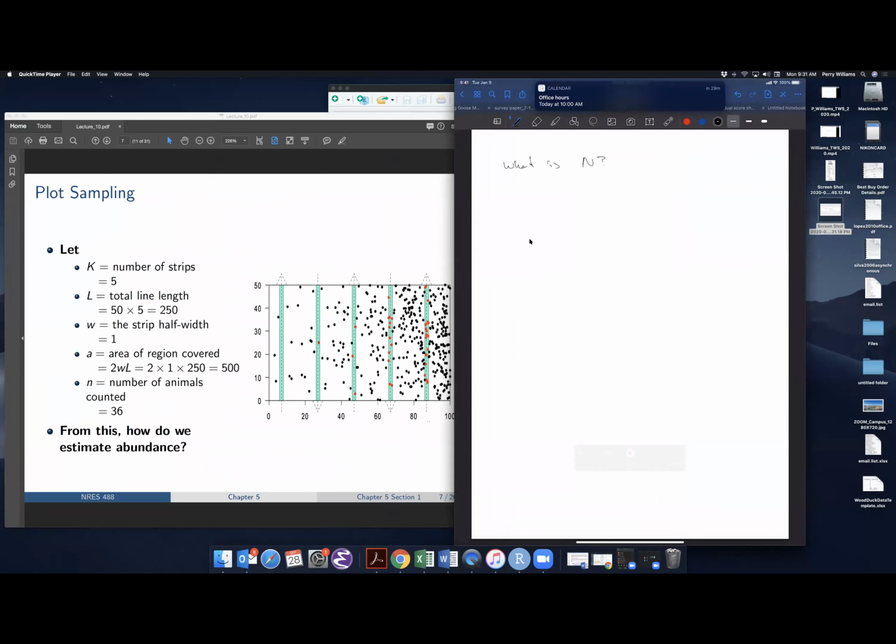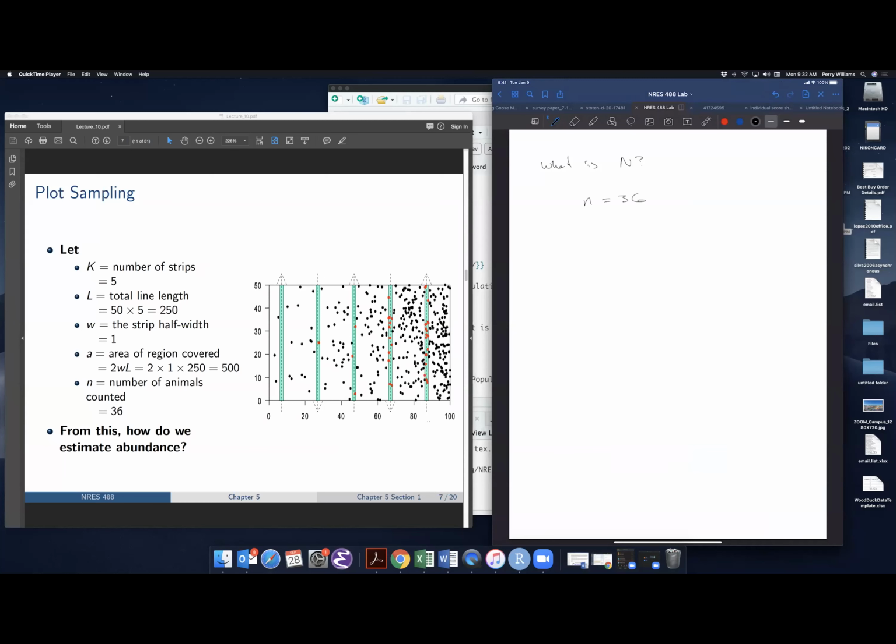Red dots, we'll say that is little n. We counted 36 of those. All right, now, Leela, what were you saying about adding up L and A? I think A.